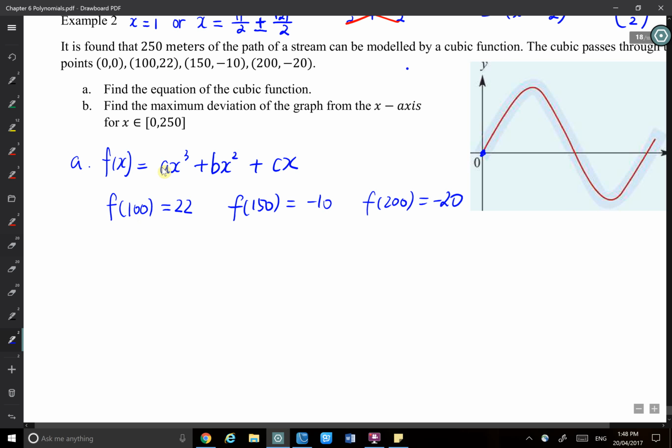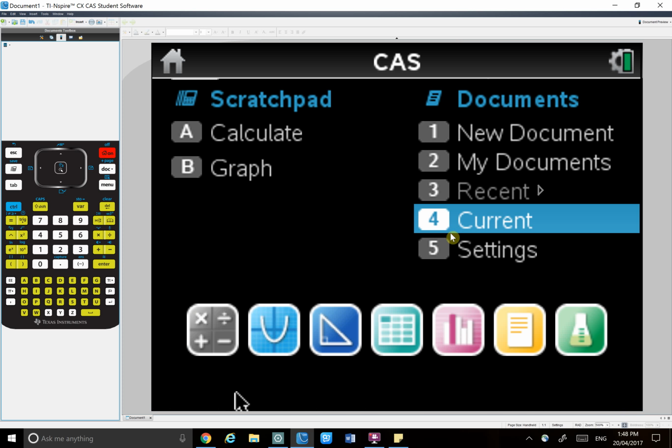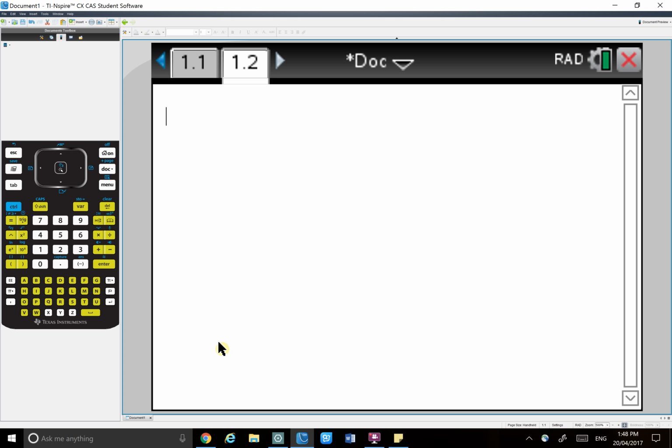Come to the calculator, go to the calculate page, and let's type this in. Type a, x cubed. But in the calculator, if you're not using x, y, z as variables, if you use a, you must write times. You can't write 4a.